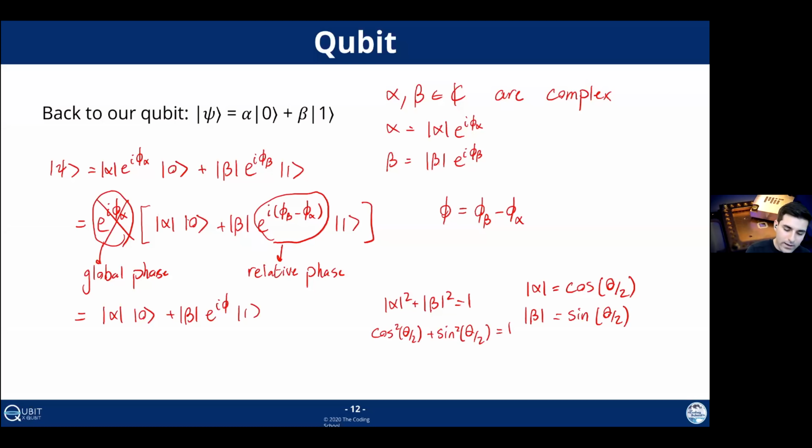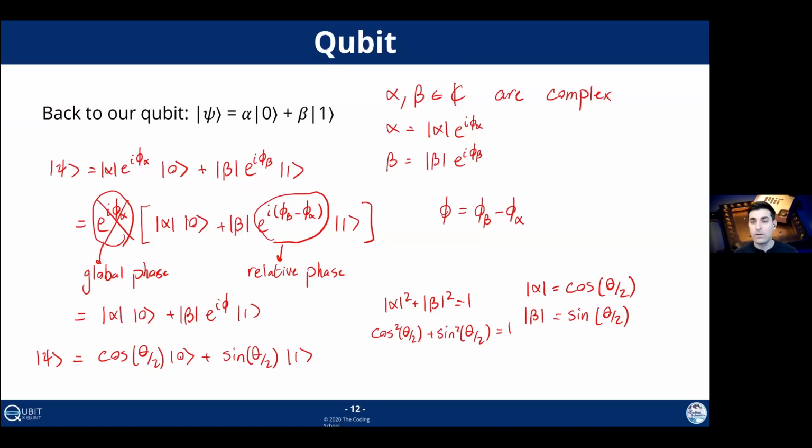So I can go ahead and replace alpha and beta with cosine and sine, which means my quantum state psi can be represented as cosine of theta divided by 2 times 0 plus sine of theta divided by 2 times the 1 state.